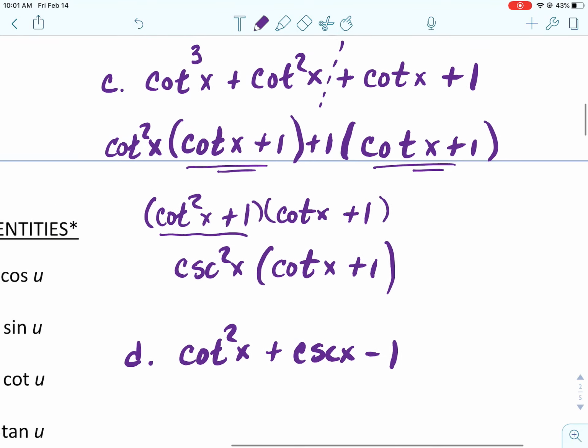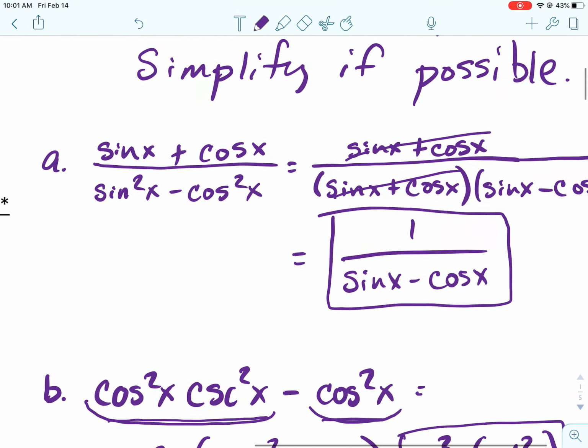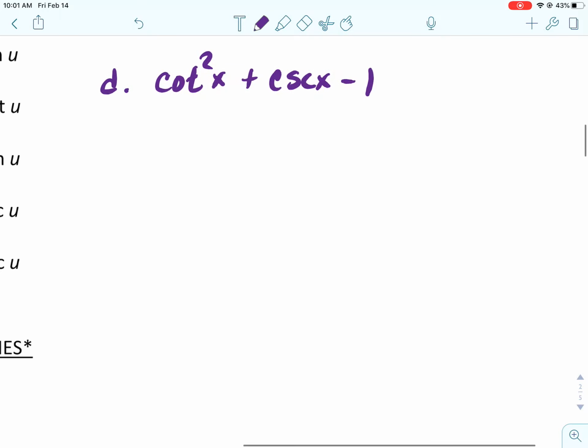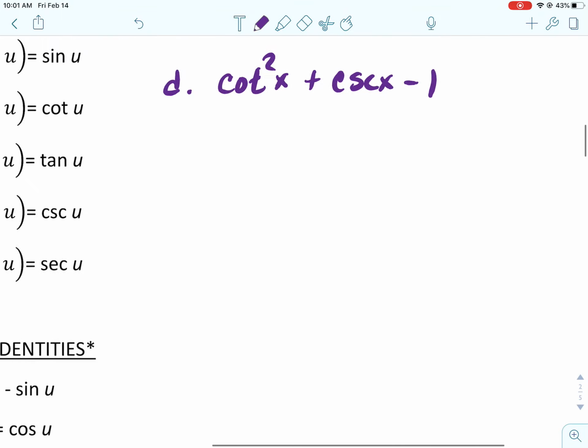On the first one and the second one, it was okay because we were factoring difference in squares and factoring out a common factor. That is fine. But trinomial type problems, they are going to have to be the same. So if you look at your identities, can I change cotangent squared to something with cosecant? What do y'all think?